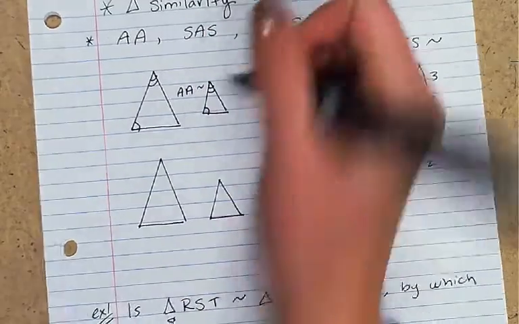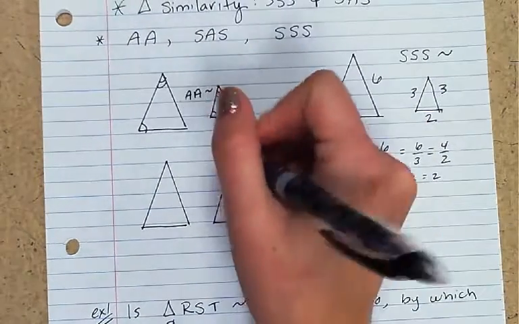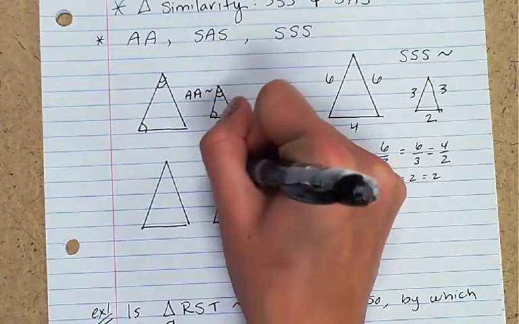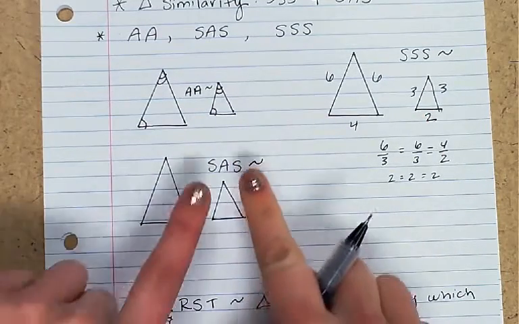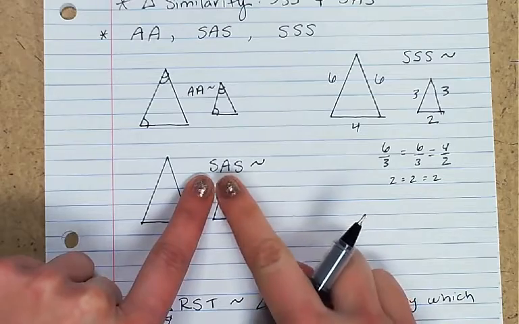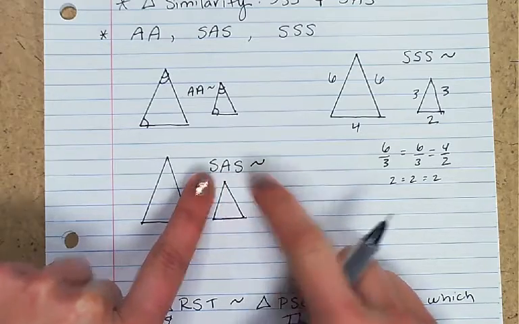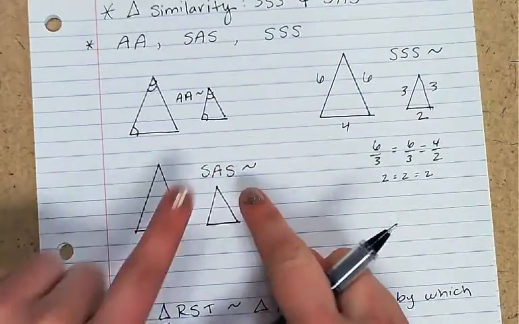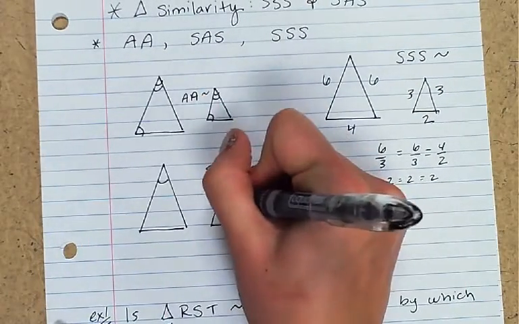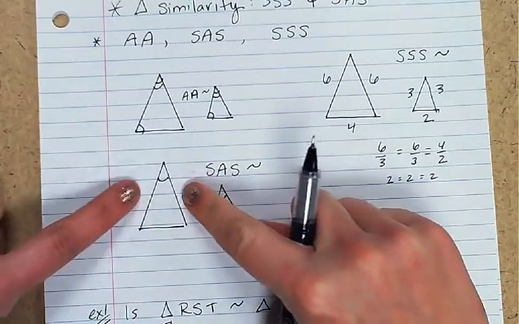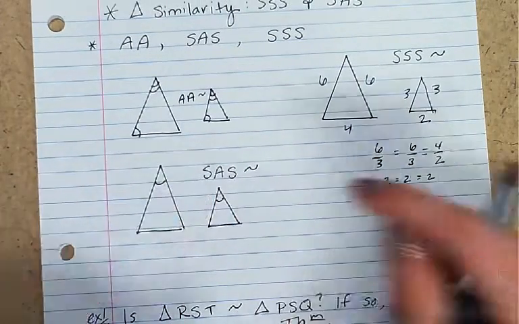The last one that we've learned so far is the SAS similarity. What that is, is the two sides are proportional and the angle in between them is congruent. So again, it has to be the angle in between the two sides. So for example, if I knew that this angle was the same as this angle, it would have to be these sets of sides proportional.